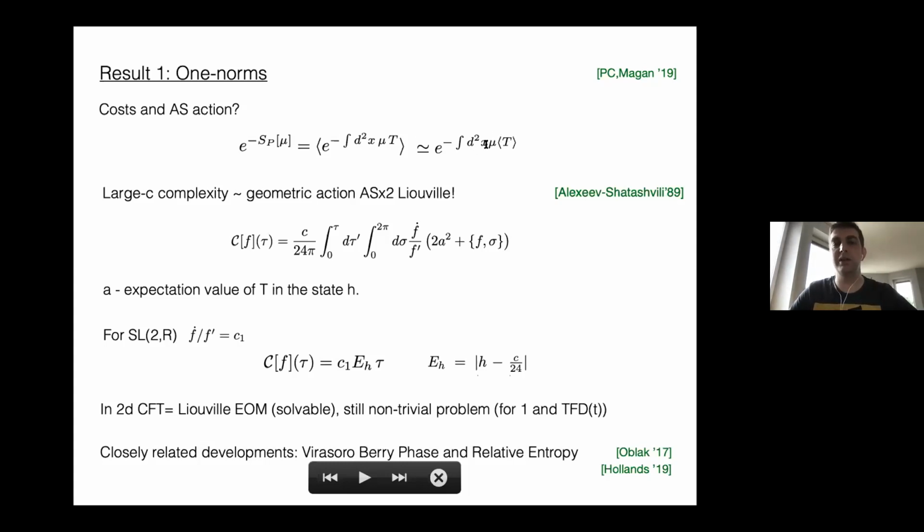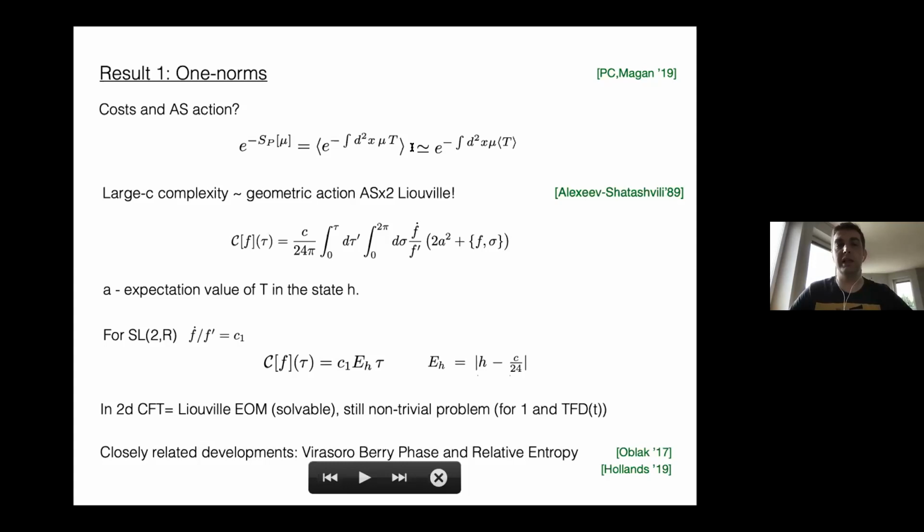This is, of course, a rough argument, because it is true when mu is constant, but in general it will be a little bit subtle, and I'll talk about it later. But if you just follow this procedure, you'll see that by computing the one norm, you just need to take this velocity, this mu here, or this velocity epsilon, and multiply it by the expectation value of the stress tensor T in the generic state, multiplied by these unitaries from the left and from the right, and that's exactly this guy here.